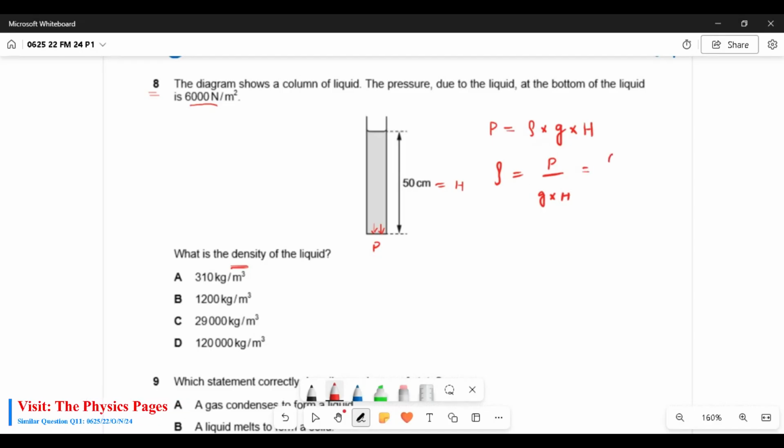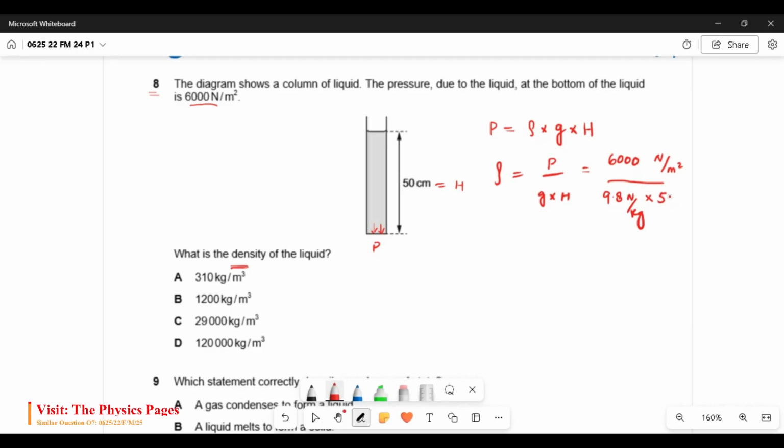Pressure here is 6,000, and the unit is Newton per square meter. Gravity is 9.8 Newton per kilogram, and the last thing is height, that is 50 centimeter.